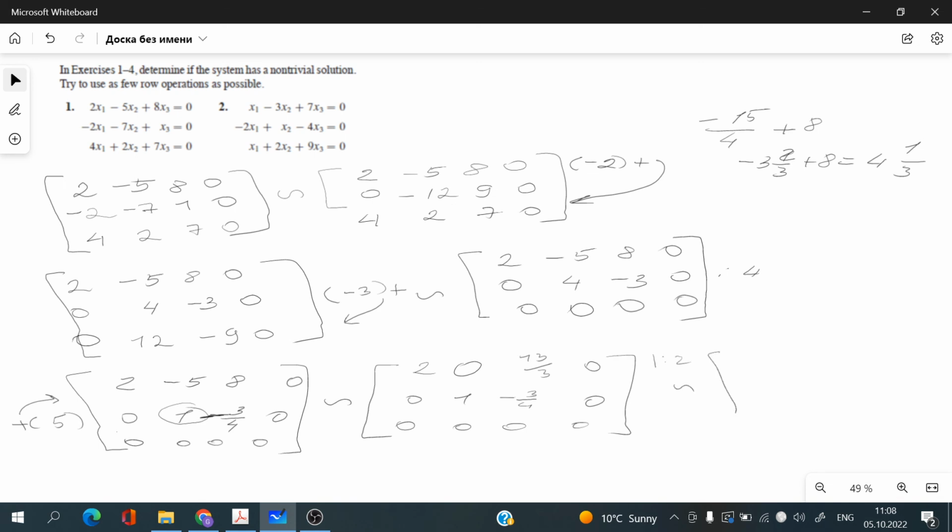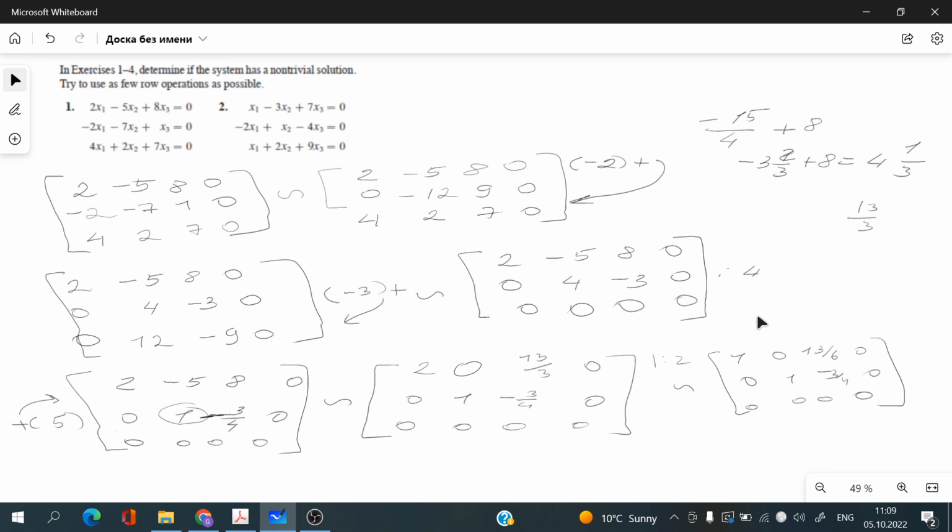So we're going to get 1, 0, divided by 2. So we're going to get 2, so 13 over 3 divided by 2 is going to be, sorry, 13 over 6 here. 1, minus 3 over 4, 0, and here are zeros.